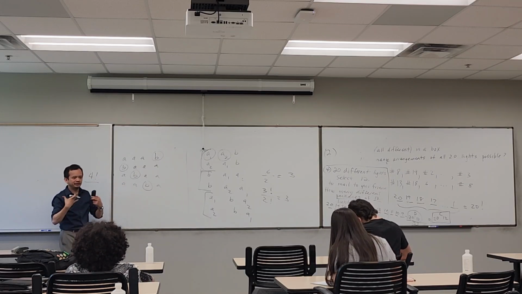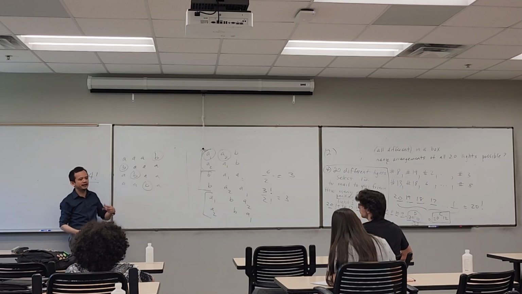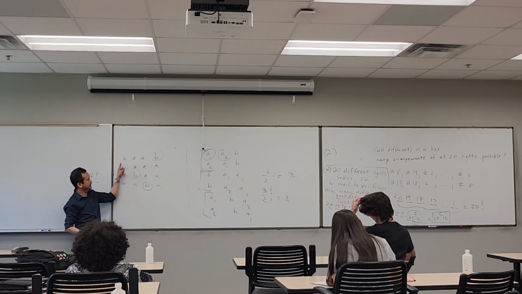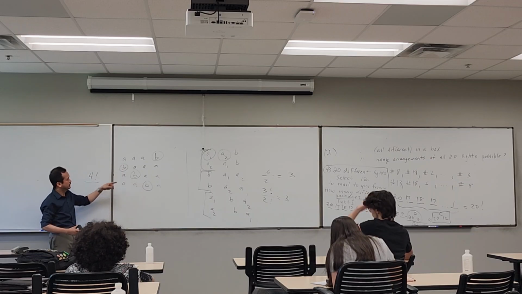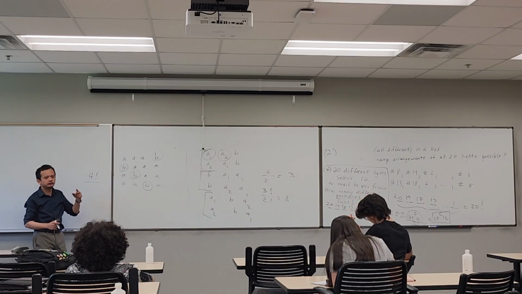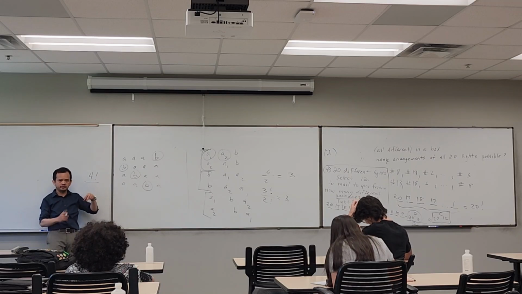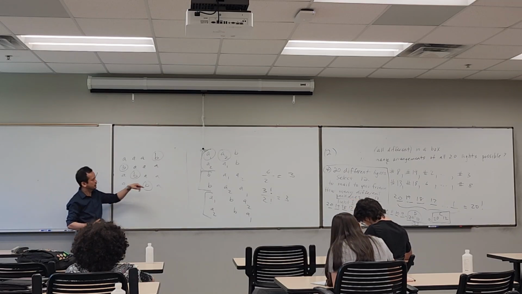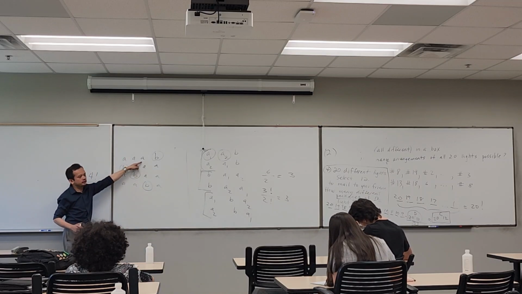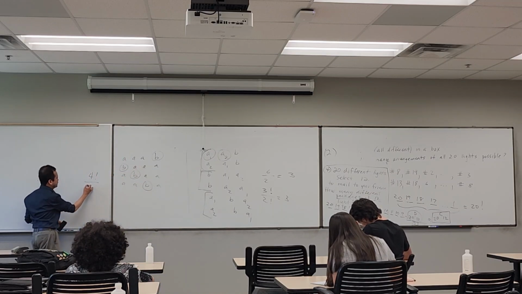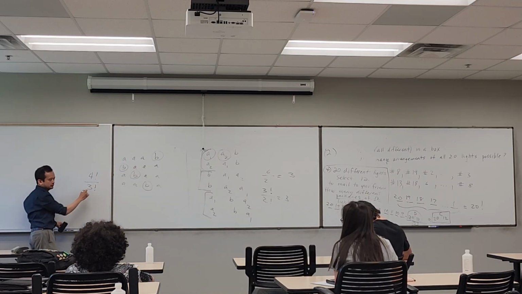But now we have to account for the fact that you can't actually tell all the A's apart, they're actually not all different. And so now you have to divide out by the number of ways to arrange all the duplicate A's within each unique group. So in this case, there are 3 A's, and you can arrange all the 3 A's as 3 factorial.